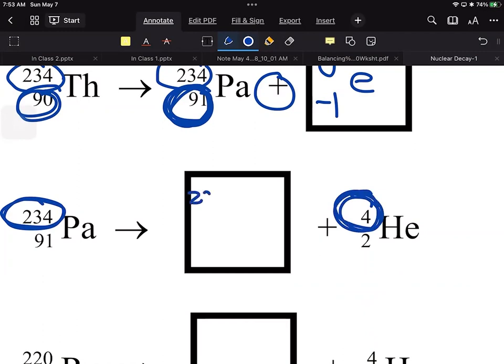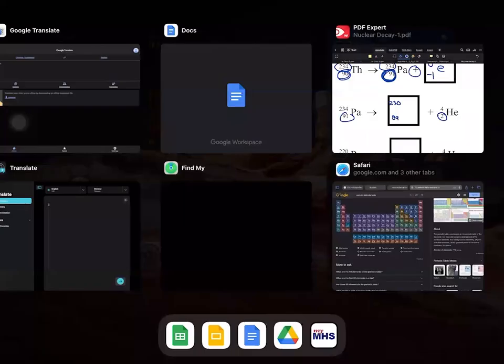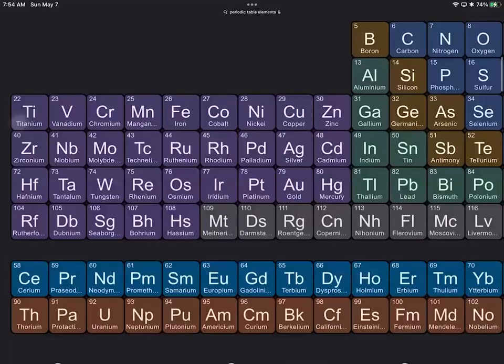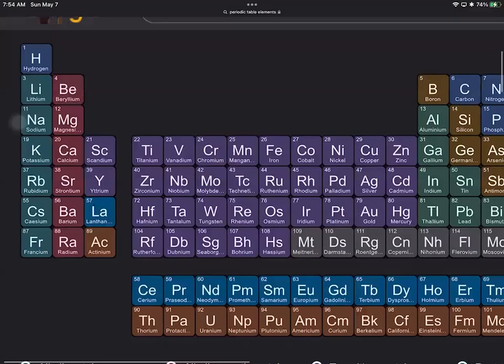That'll be 230. And then 2 and 91 right here. What plus 2 equals 91? That'll be 89. The way you find out the element in the periodic table is to look at the bottom number. So you need to find something that's 89. Over here, so it's Ac.